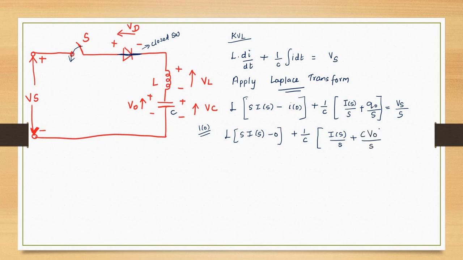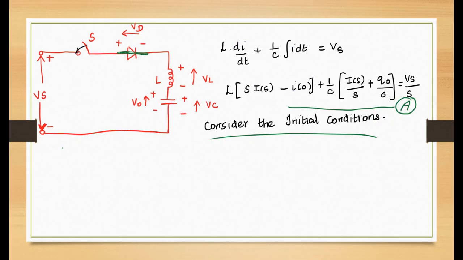So C V0 divided by S, because Q is equal to C into V, that is equal to Vs divided by S. Consider the initial conditions I of 0 equal to 0 and the initial voltage in the capacitor is V0. So Q0 equal to C into V0.